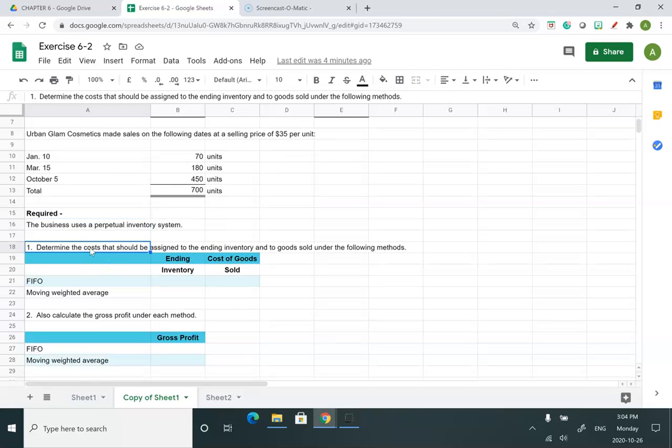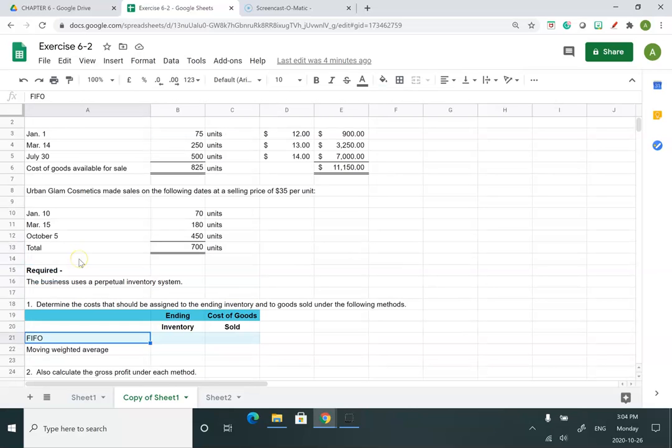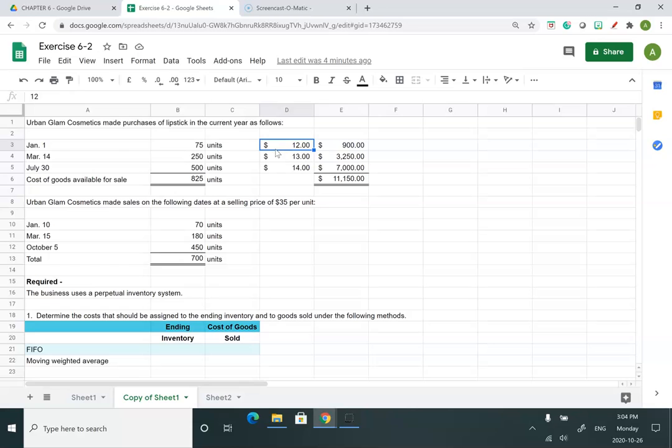It's asking us to calculate ending inventory and cost of goods sold under two different methods. The first one that I'm going to go over is FIFO. The reason why we have more than one method is because we have a problem when we buy from our suppliers at different prices.